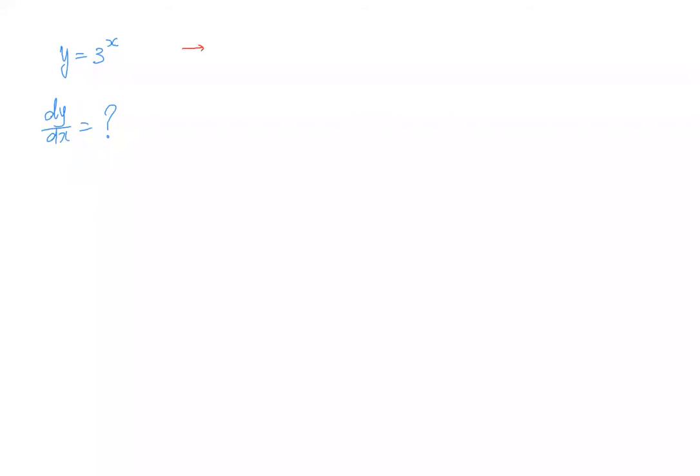I give you the concept that any number can be written as e to the power ln of the number, correct? So how should I change this one? 3 equals e to the power of ln 3, correct?